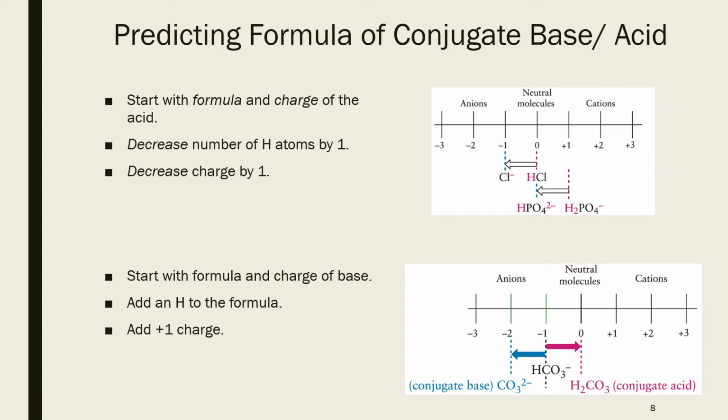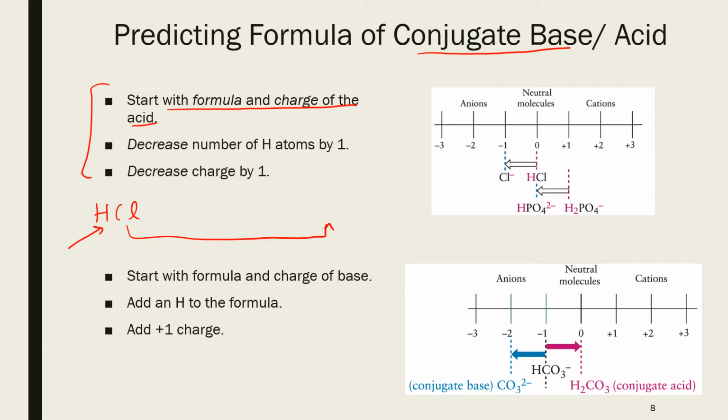The structure and formula of a conjugate base can be easily determined from the starting acid with this easy exercise. Take your starting acid. For example, if we have HCl and want to determine its conjugate base, all we need to do is start with the formula and charge of the acid, and then decrease the number of hydrogen atoms by 1.